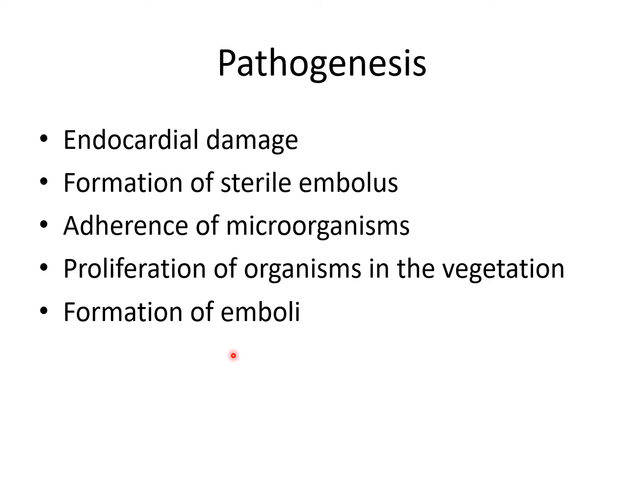And this is what we call vegetation or verrucae formation. In IV drug abusers, the microorganisms gain entry through the skin along with injection of the drugs. So they enter into the circulation and these microorganisms then lodge in the valves or the endocardium.